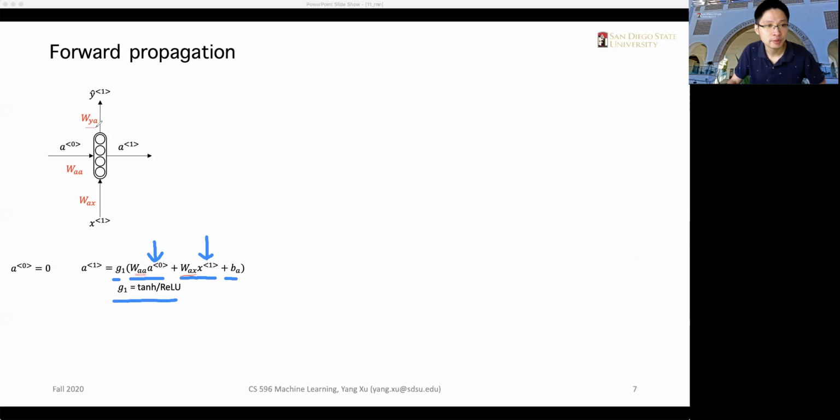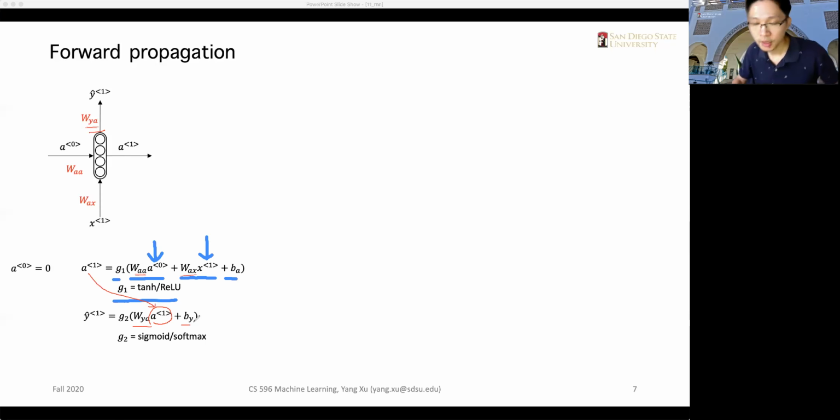The subscripts for WYA are also very explicit: it computes the outputs from the current activations. If you look at the formula for Y hat 1, it uses WYA times A1, so A1 is first computed here, and A1 is used to compute the Y hat, plus some bias.